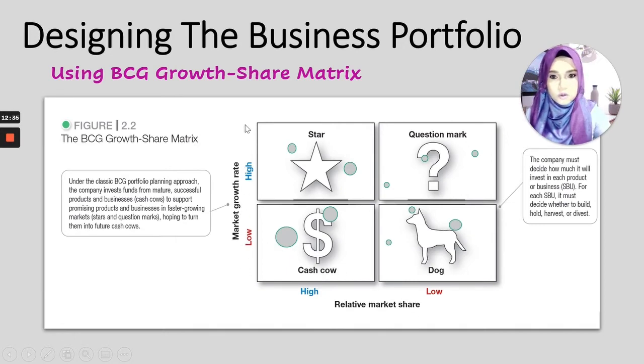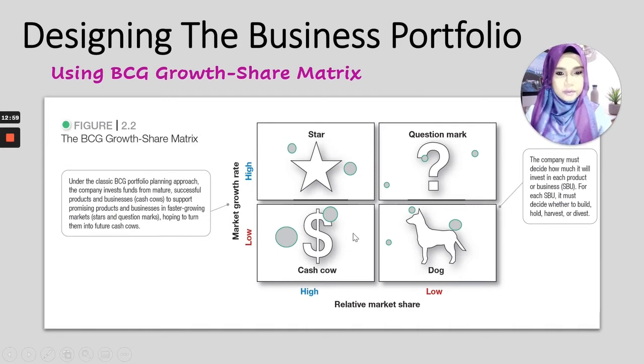The higher it goes here, the better the market growth will be. Market growth means there are many more people buying, many more potential customers. While relative market share means many more sales that you can earn.